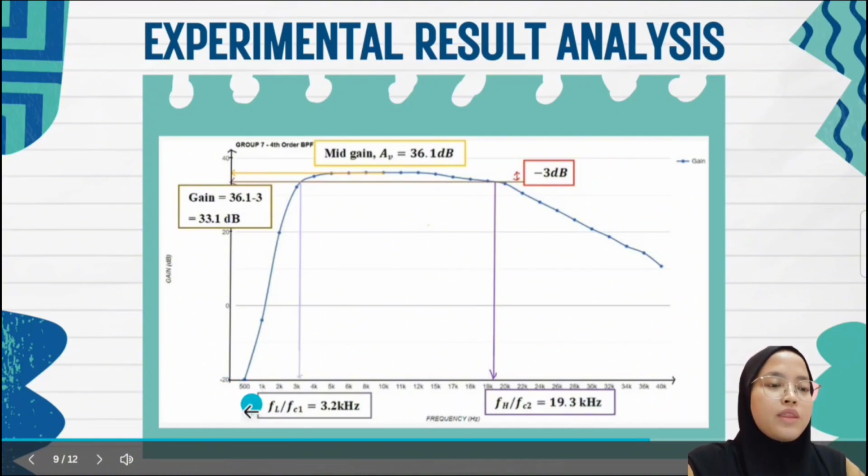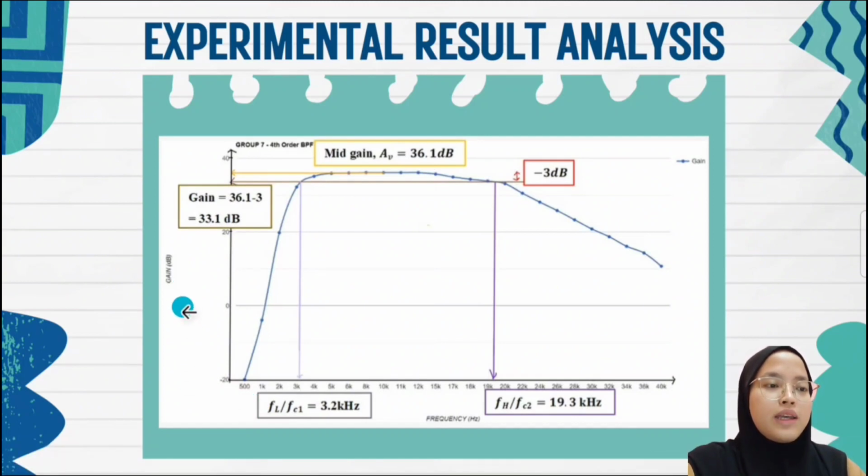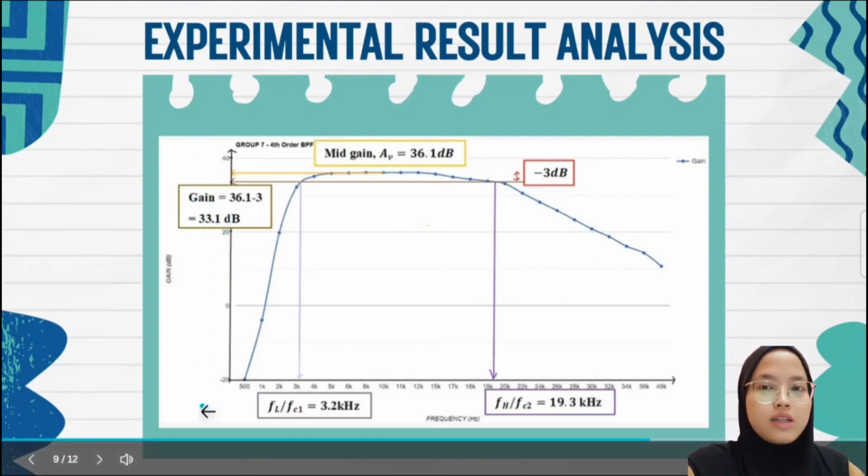From this variation of frequency, we came up with the gain value by using the formula of V out peak to peak divided by V in peak to peak. With the gain values obtained from the calculation, we plotted the graph. So this is the graph based on the data that we collected in the lab.